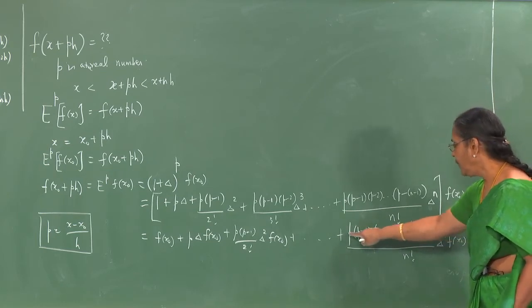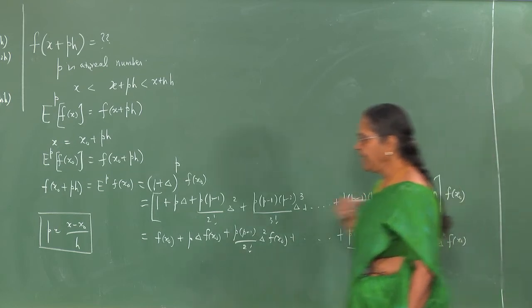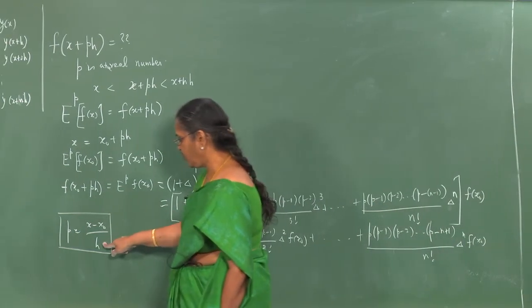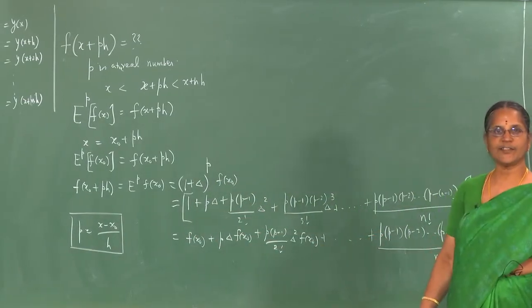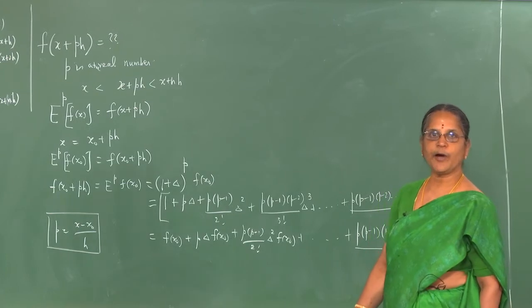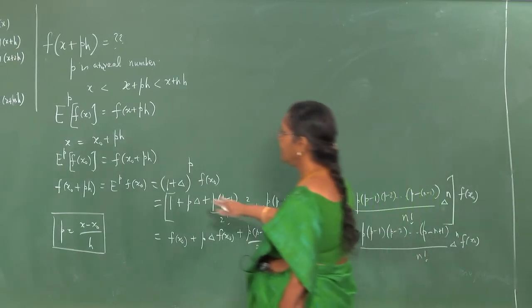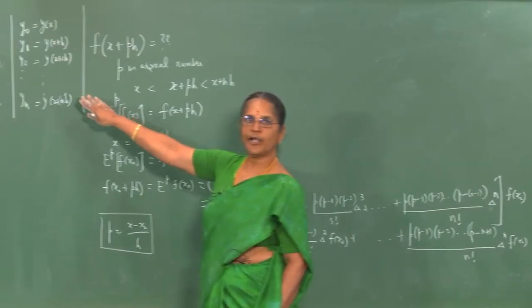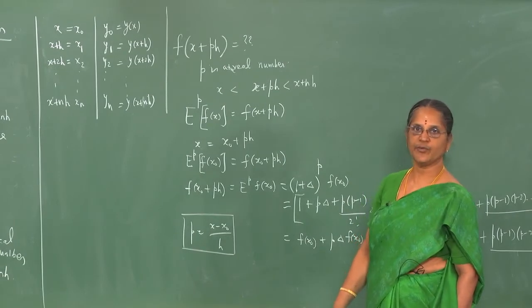So, it is going to be a polynomial in p of degree n, but p is x minus x naught by h. So, when you substitute for p in terms of x minus x naught by h, that will give you a polynomial in x of degree n, and that is the required interpolating polynomial that interpolates the set of discrete values.